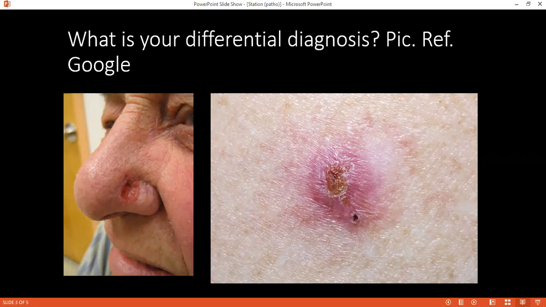In surgical treatment, I will proceed with electrodessication and cautery, scraping the tumor and stopping the bleeding by cautery. If it is a large tumor, then I will excise it primarily and use some graft or flap, or if it is small, then I will wait for healing by secondary intention.